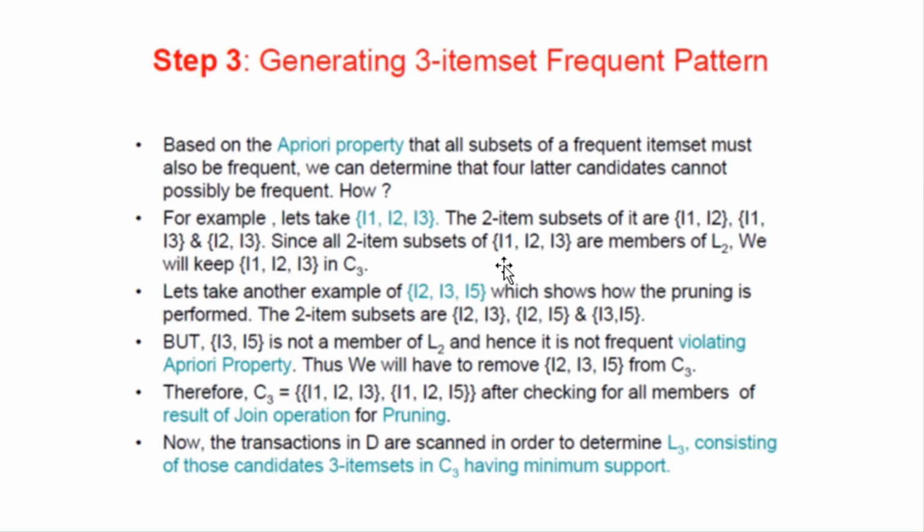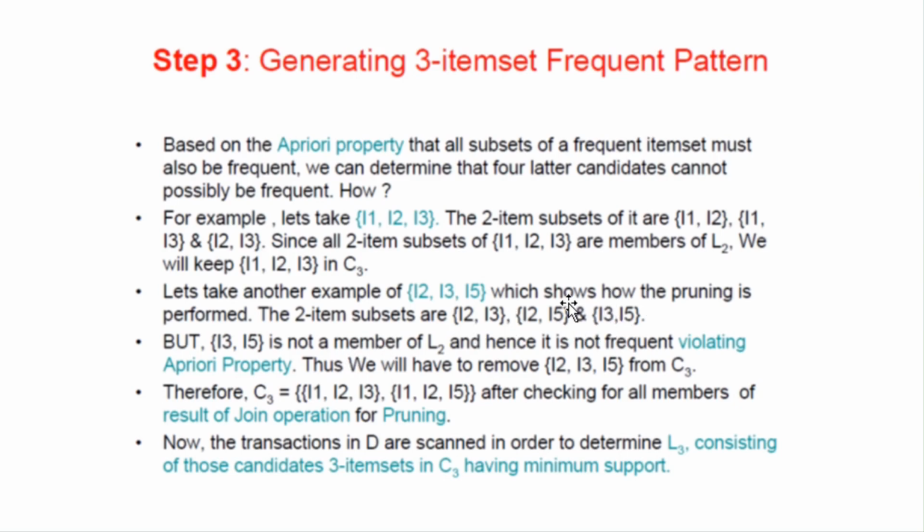Since all 2 item subsets of the I1, I2, I3 set are members of L2, we will keep this in C3. Let's take another example where we have I2, I3 and I5 in a set, which shows how pruning is performed. The 2 item subsets are I2, I3, I2, I5 and I3, I5.